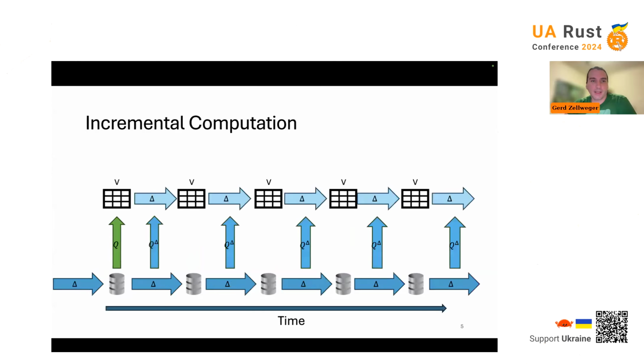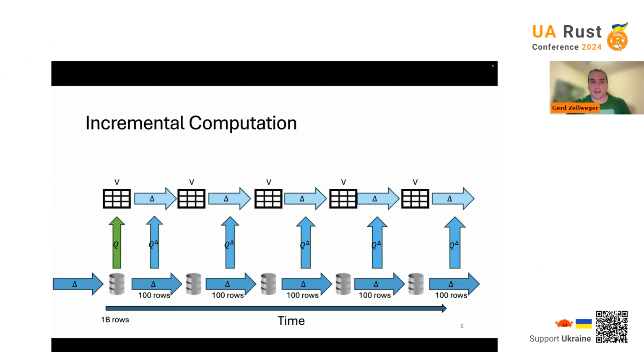Now, instead, in incremental computation, what we do is we transform the original query here, such that the query only has to do compute proportional to the changes we're sending. So if we run the query for the first time on our 1 billion row data set, and we compute an output, and we send 100 changes to the database, the next time we only need to run this query that computes on the deltas to get the output.